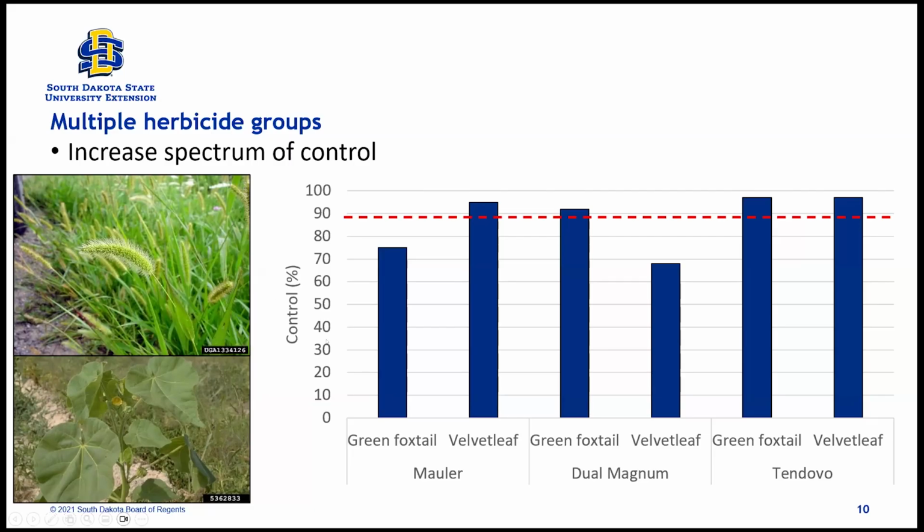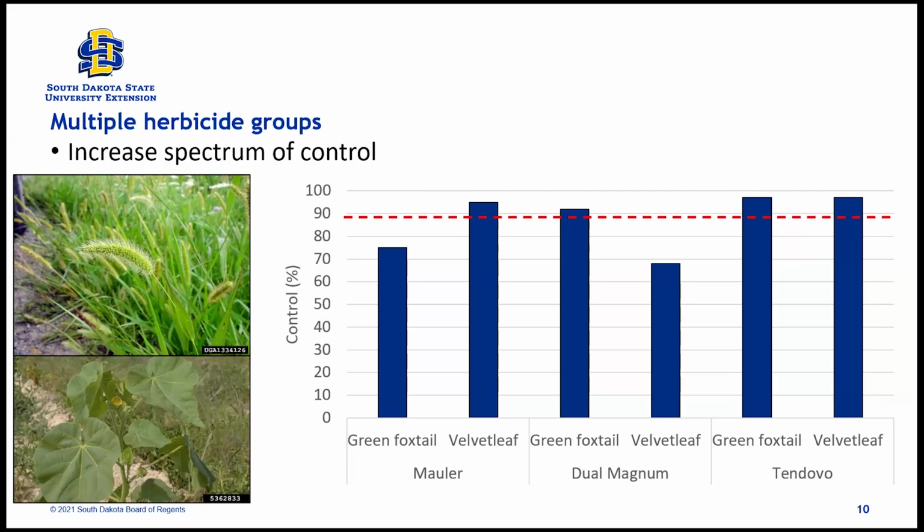So if we look at the 2 bars for Metribuzin, we can immediately draw our attention, right? We get greater than 90% control, or that taller bar, for the velvetleaf. But our bar is a lot shorter for that green foxtail. So we're going to have to play a lot of catch up later in that growing season to manage the foxtails. I should preface too that these are pre-emergence herbicides.